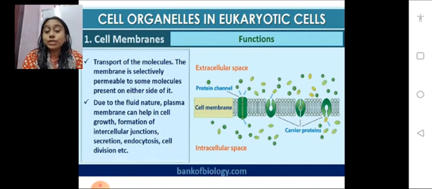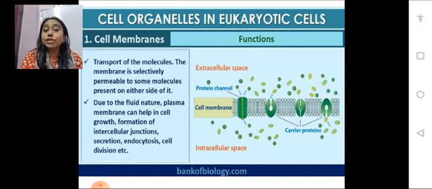Due to this quasi-fluid, fluidic nature of the plasma membrane, it is possible for a cell to grow. It is possible for a cell to engulf, take the example of amoeba. For this fluidic nature, it is possible for a cell to divide. A mother cell can divide into two daughter cells.